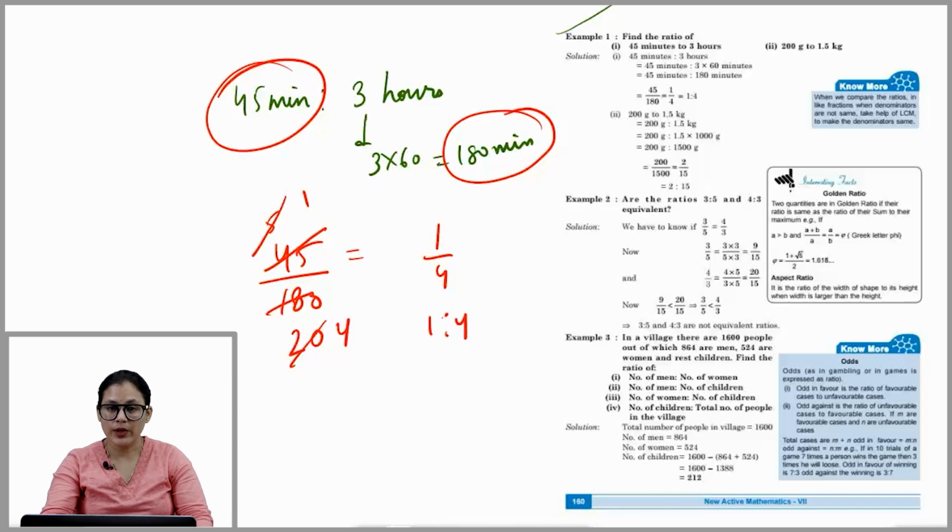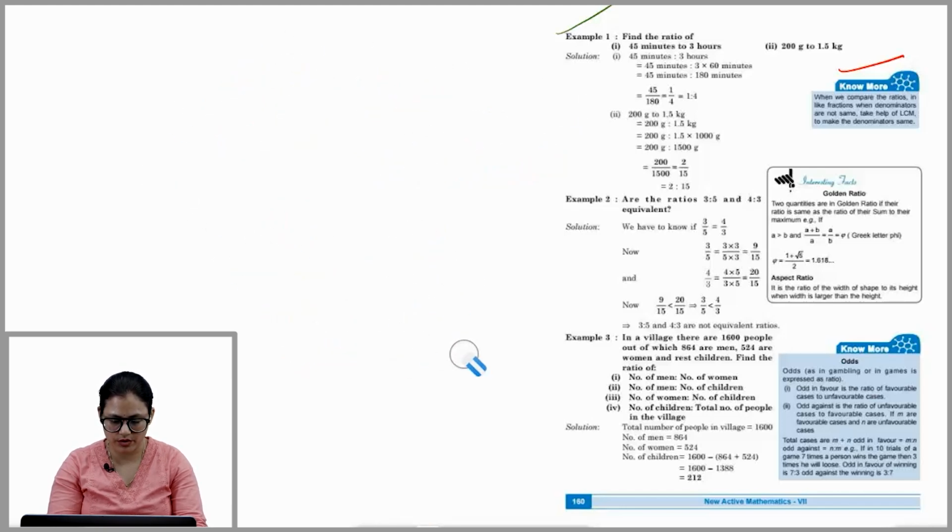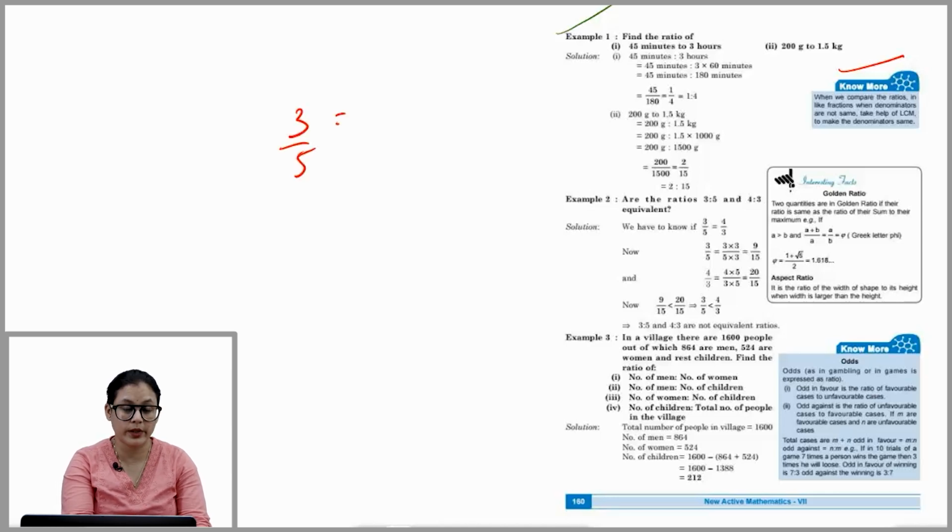Note that when we compare the ratios in like fractions and the denominators are not the same, take help of LCM to make the denominators the same. Example 2, are the ratios 3:5 and 4:3 equivalent? Let's check whether these two ratios are equivalent or not. So the fractions are 3/5 and 4/3. The denominators are not equal, so we will find the LCM of 5 and 3, which is 15.